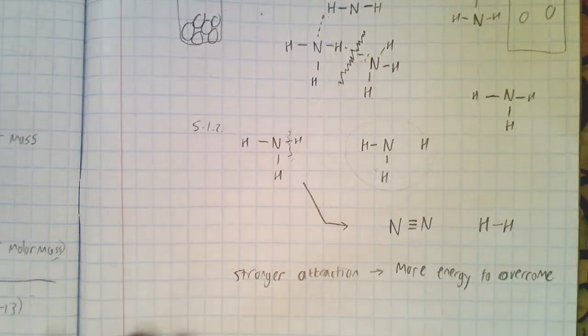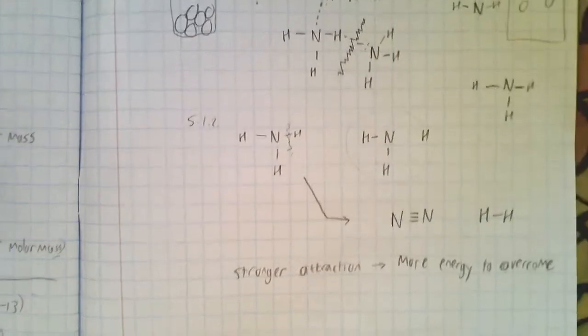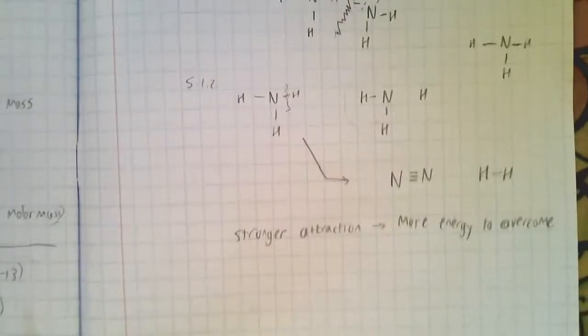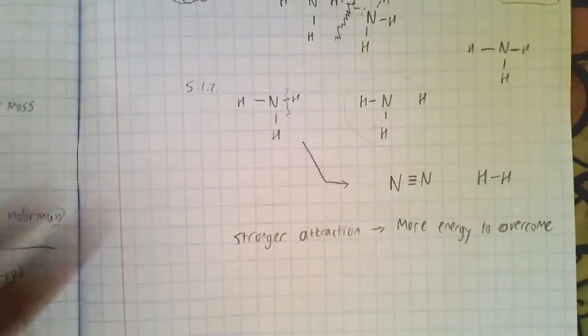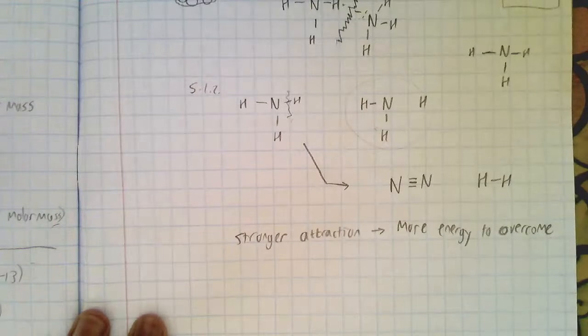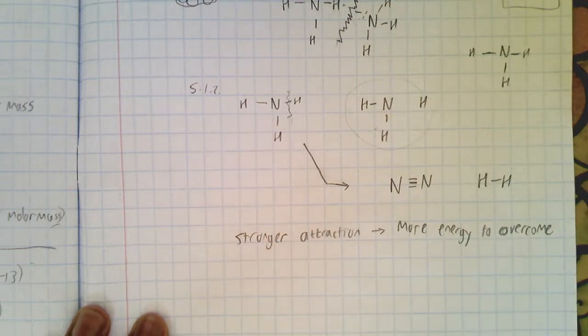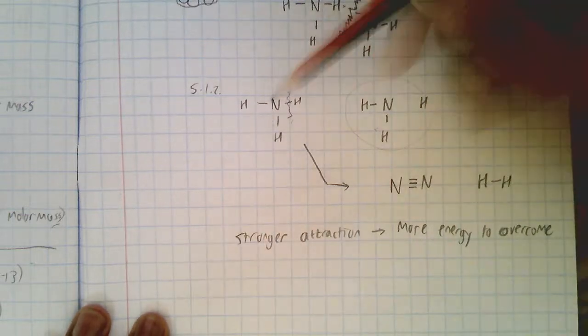Of course, you might be thinking, well, why is it a stronger attraction? And that's where it now becomes technical. I would almost say I'd be guessing, but I would think it's because these atoms are a lot closer together than the molecules are. It's over a much shorter distance. You have a lot stronger charge between these atoms because there's a whole electron being shared.